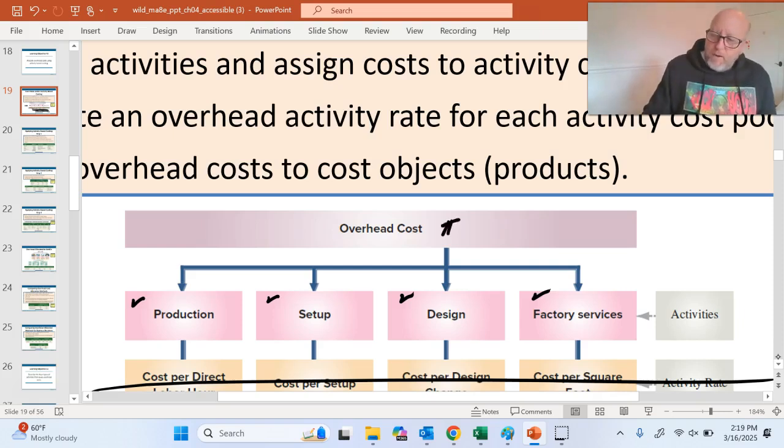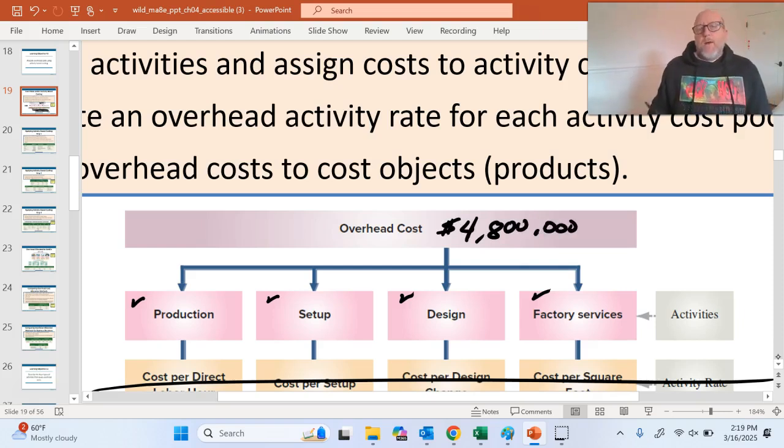But we originally had 4,800,000, and if we were to use a single plant-wide overhead allocation rate, I think we were using direct labor hours. Now we're just saying, of the 4,800,000, how much of it relates to production, that specific activity, how much relates to setup, how much relates to design, and how much relates to factory services.